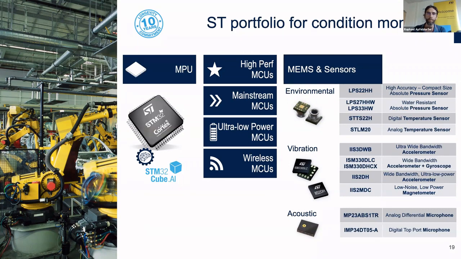And with MEMS, you also have a full set of environmental, vibration, and acoustic sensors that are highly accurate, like I mentioned, water resistant, and very consistent in the bandwidth they have. Having a wide bandwidth, but also a flat one, is very important in order to do the measurements that are necessary for precise anomaly detection in this type of environment.